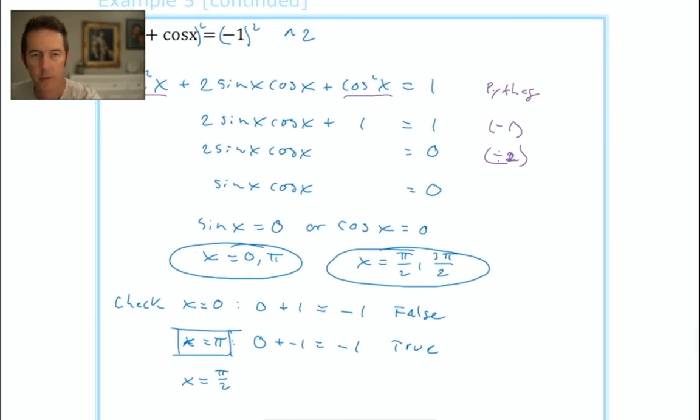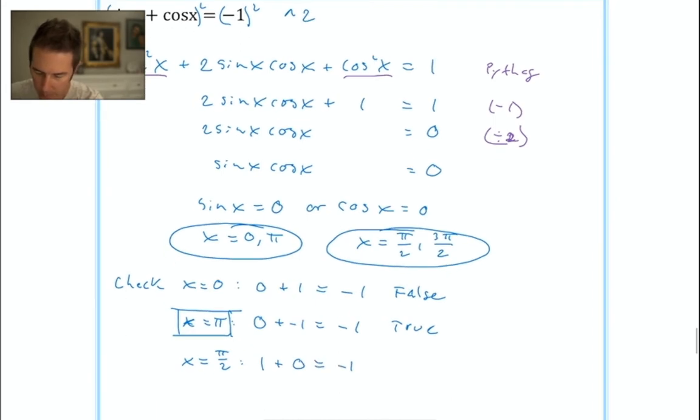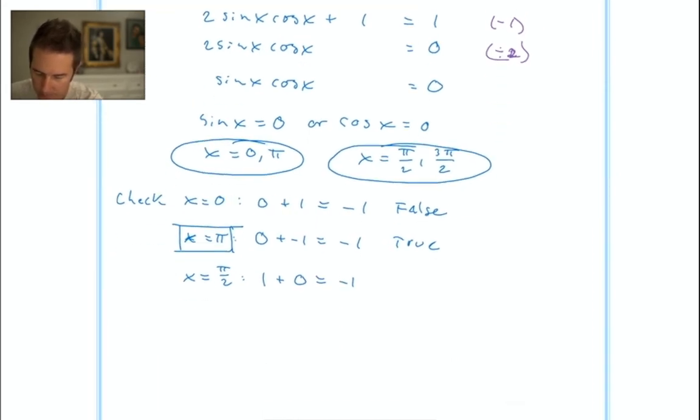Sine of pi over 2 is, my brain's getting tired, positive 1. The cosine of pi over 2 is 0. That's false. And finally, let's check x equals 3 pi over 2.